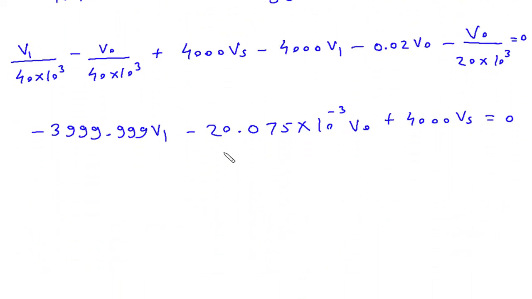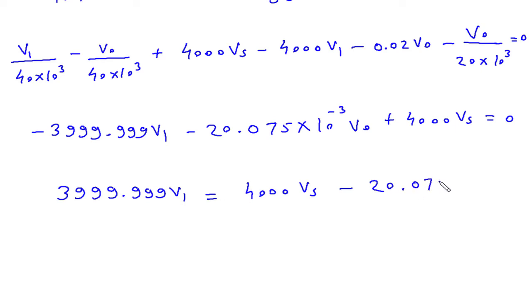So from this V1 will be 3999.999 V1. If we take this on right side, so this will be 3999.999, and here this will be 4000 VS minus 20.075 into 10 to the power minus 3 VO.